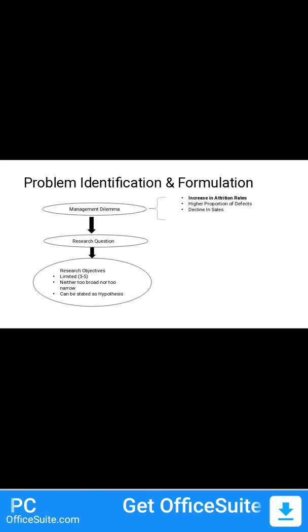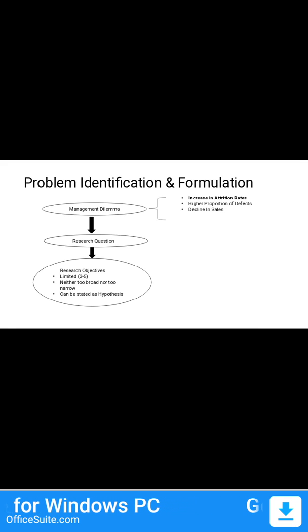Another management dilemma could be when there is a decline in sales. So how do you arrest that decline? Because you would not want your sales to decline. Ultimately this is how you earn your revenues. So all these could be different types of management dilemma, and there can be n number of management dilemmas that an organization might face.